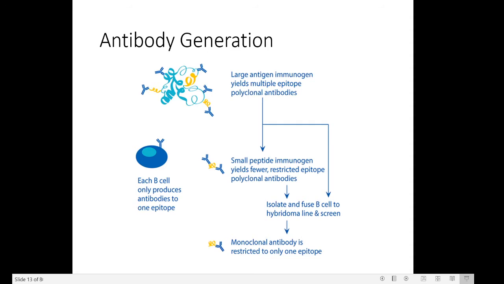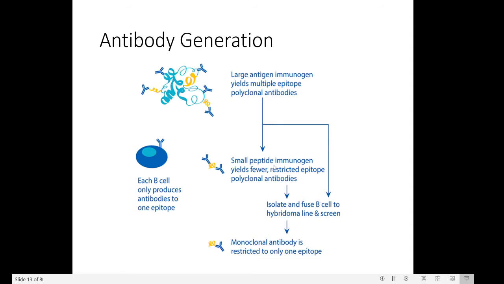Epitope means the antigenic site. In the first image they mention a large immunogen with multiple epitopes giving polyclonal antibody. Polyclonal means one protein interacts with n number of antibodies.